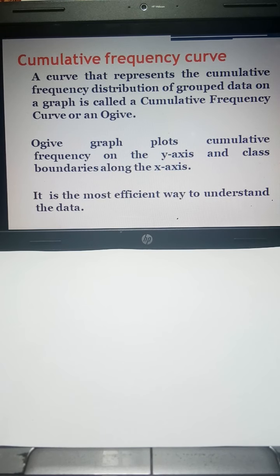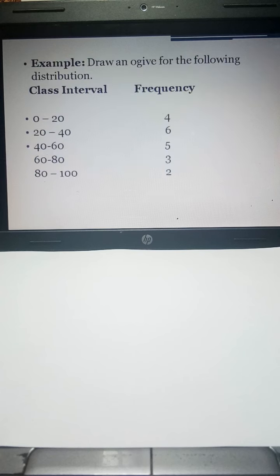So what is the cumulative frequency distribution? That is the sum total of the previous frequencies up to the current point. When we draw it on the graph, it is known as the cumulative frequency curve. In this, we plot the cumulative frequencies on the y-axis and class boundaries along the x-axis. It is a better way to understand the data.